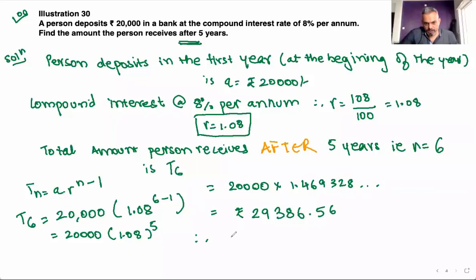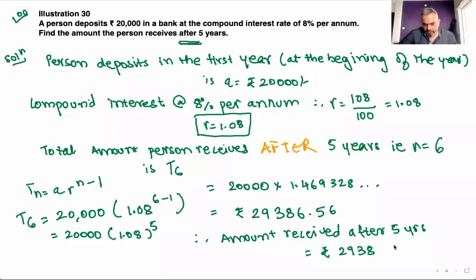Therefore, amount received after 5 years is equal to rupees 29386.56. Answer.